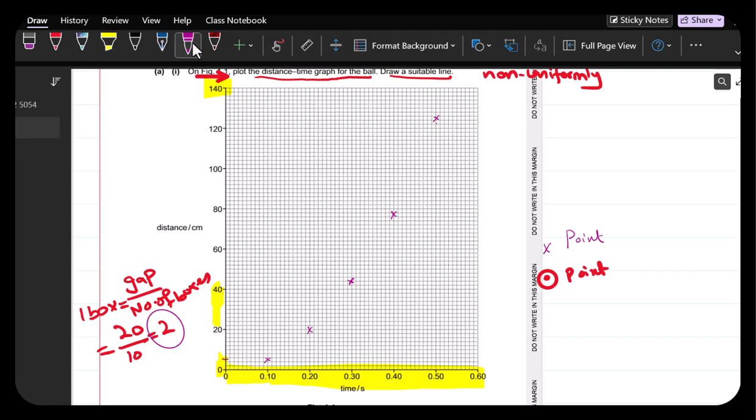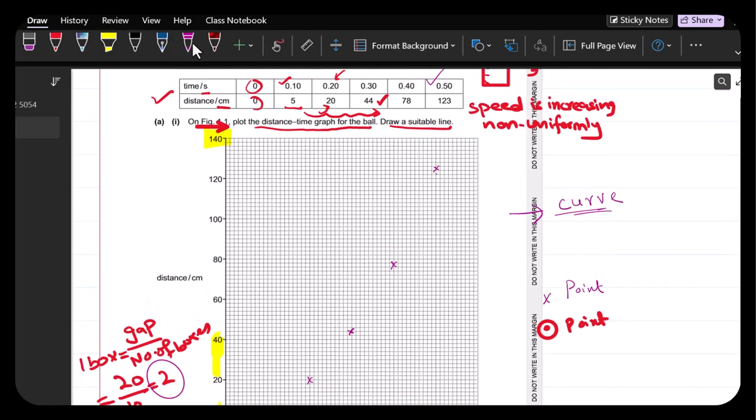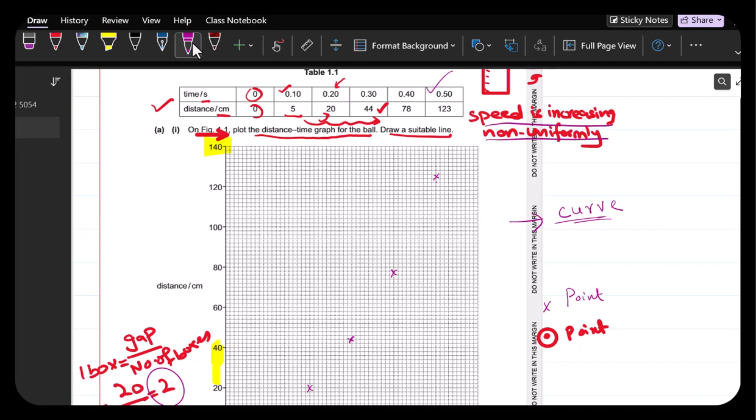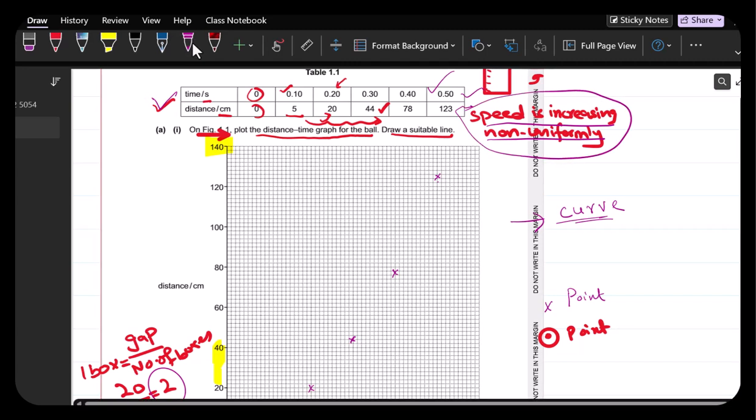So now you have to join these points. So this thing is indicating that it will be a curve. And you can see speed is increasing non-uniformly. I told you from this data, this table shows from these values that distance is increasing non-uniformly, so speed is increasing non-uniformly, so it will be a curved graph.